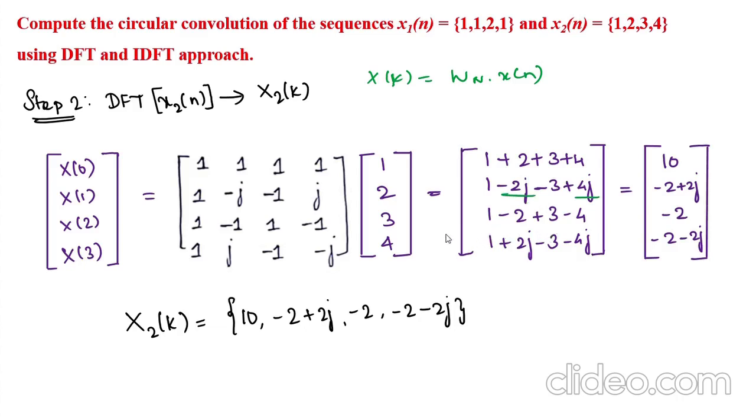Now here, 1 minus 2 plus 3 minus 4 is minus 2. Similarly here, 1 minus 3 is minus 2, and 2j minus 4j is minus 2j. This is the final x2 of k. Now we have converted x2 of n from the time domain to x2 of k in the frequency domain.